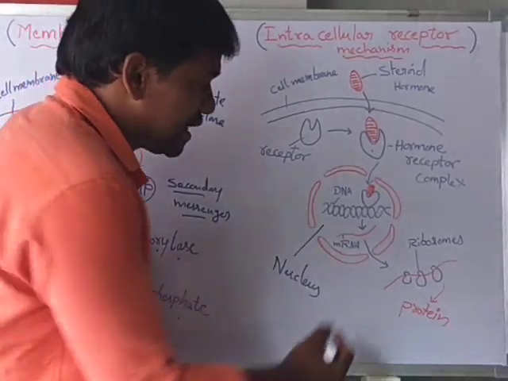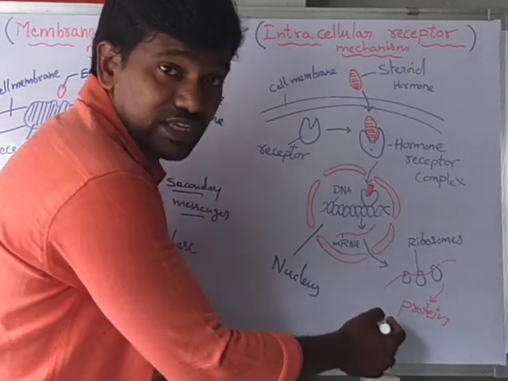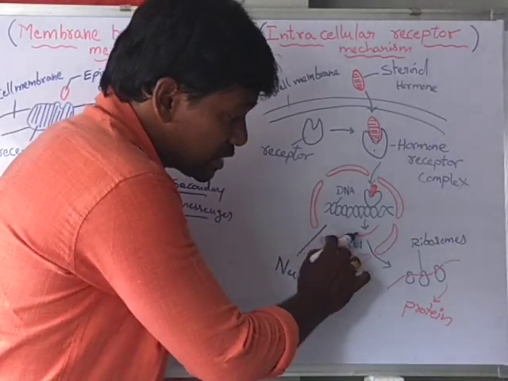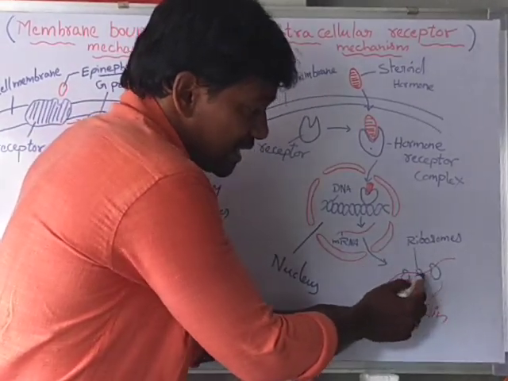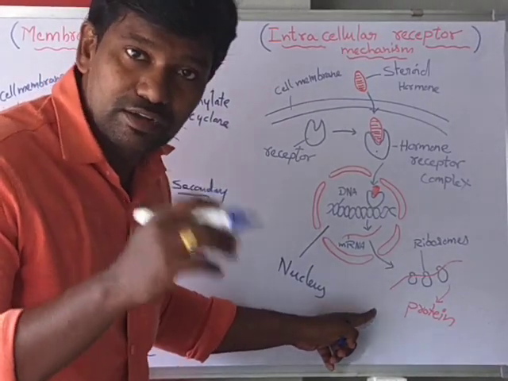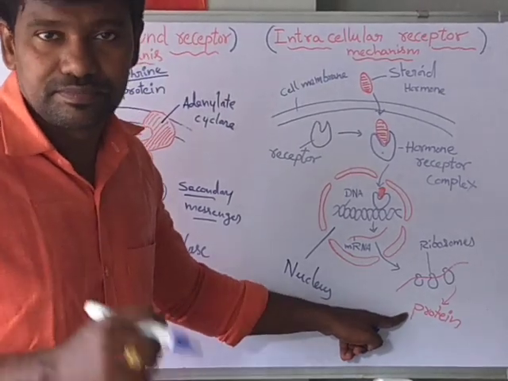Okay, so then the mRNA moves from the nucleus into the cytoplasm. Then the ribosomes attach to the mRNA chain, and tRNA also attaches to it, and then forms a protein.